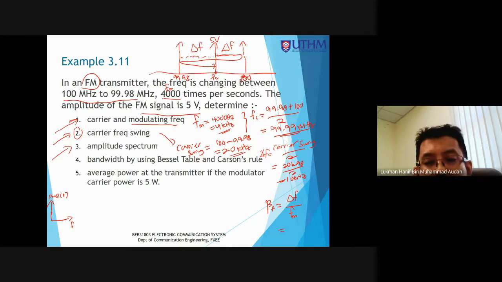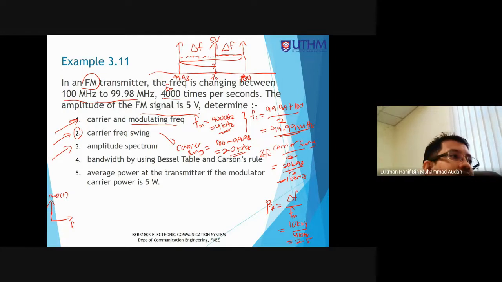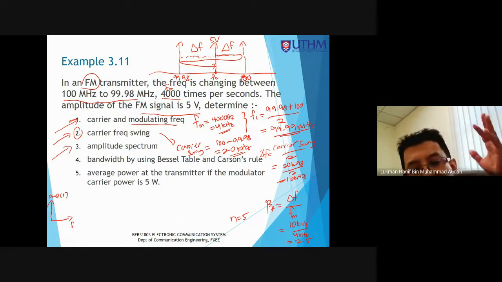So this is 10 kilohertz divided by 4 kilohertz, which equals 2.5. According to the Bessel table, it gives up to 5 significant sidebands. There are 5 pairs of sidebands, n equal to 5.